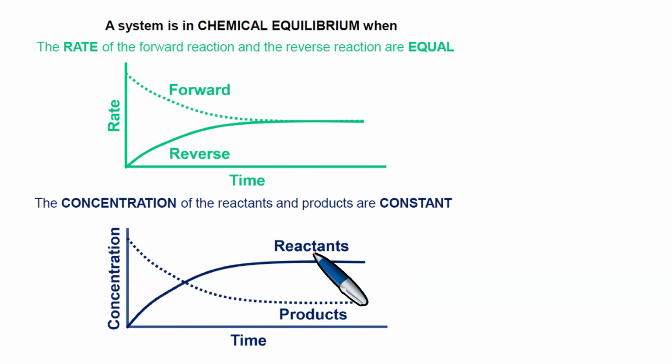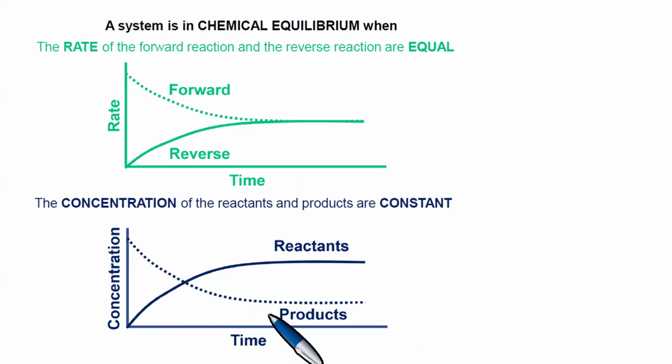So now, in other words, the concentration of the reactants and the concentration of the products remain constant. It doesn't mean they are equal to each other, but it means they are constant. During equilibrium, something happens to the concentration of the reactants. You can see now the reactants start from the origin and the products start up there.